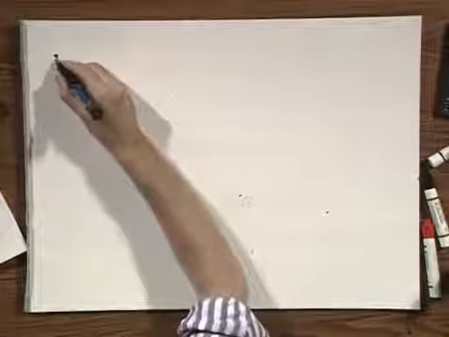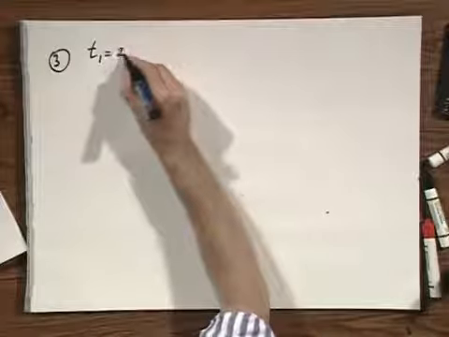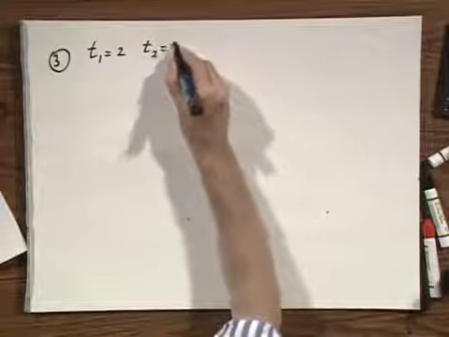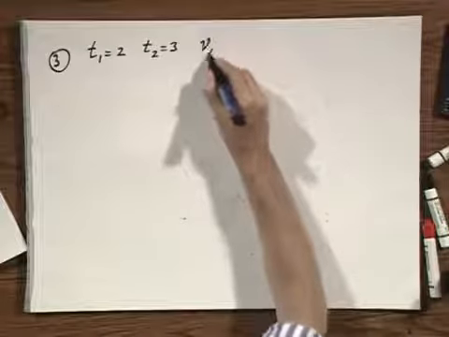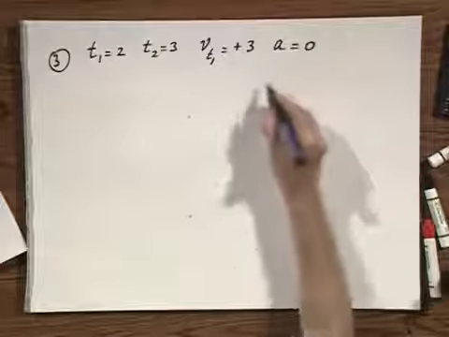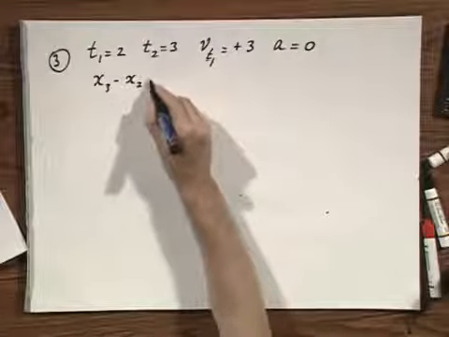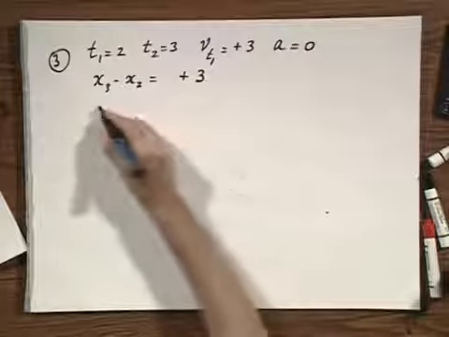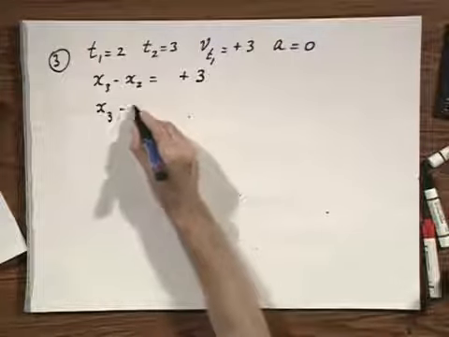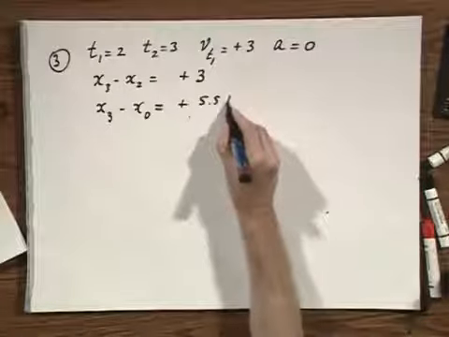I now take the third second. t1 equals 2, t2 equals 3, v(t1) equals plus 3, and a equals 0. And what do I find? x3 minus x2 equals plus 3 meters, and so x3 minus x0 then becomes plus 5.5 meters.